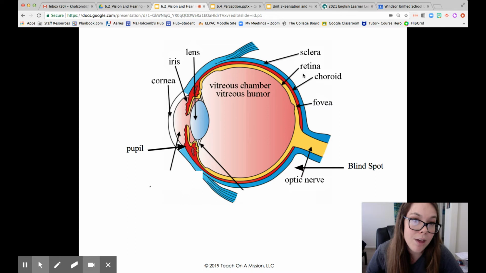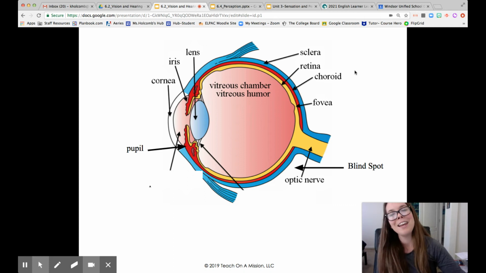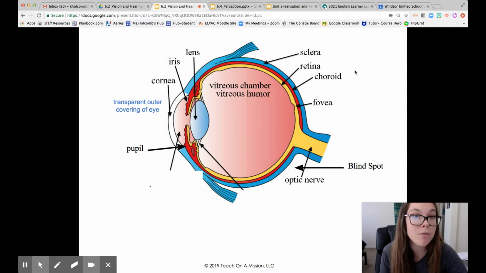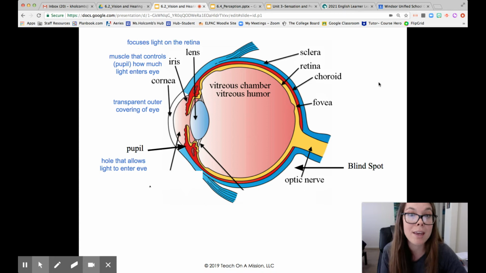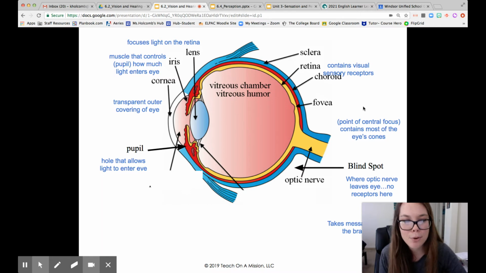You don't need to know that, and you don't need to know the sclera or the choroid, so just ignore those three. I was trying to have the best image that I can for this. So please, in your notes, make an eyeball and label it. I'll be going over what each part does, along with the process of how we translate neural messages in our eye.